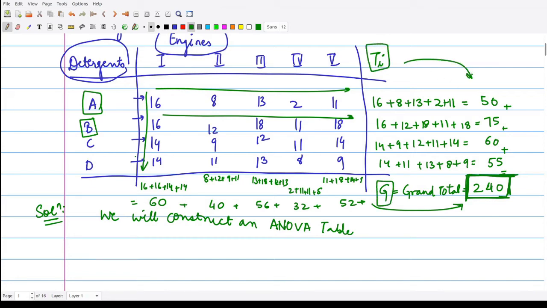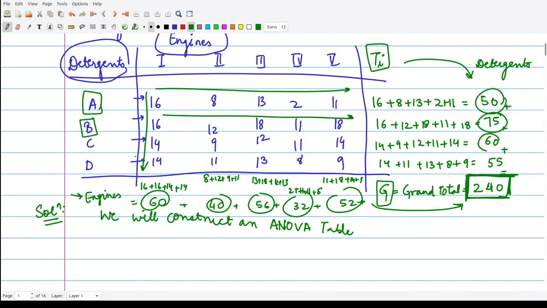These are for detergents, and these are for engines, right? This is for first engine, this is for second engine, for third, fourth and fifth. This is for A detergent, B detergent, C detergent and D detergent, and this is the grand total, right? Now we will use all these values. And what are the number of elements?